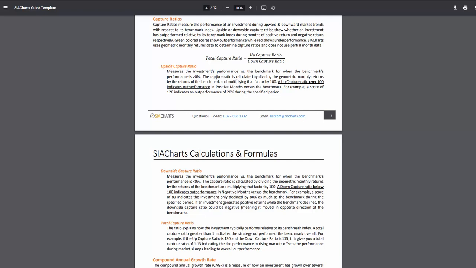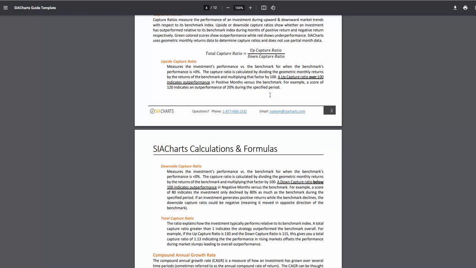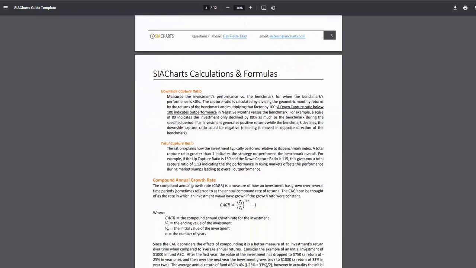And it's going to take the geometric mean monthly return of each one of those and multiply by a factor of 100. So really all you need to remember is an up capture ratio over 100 indicates outperformance. So if you get a score of 120, that's going to mean you outperformed your benchmark by approximately 20% during that time period. The downside capture ratio is the opposite.